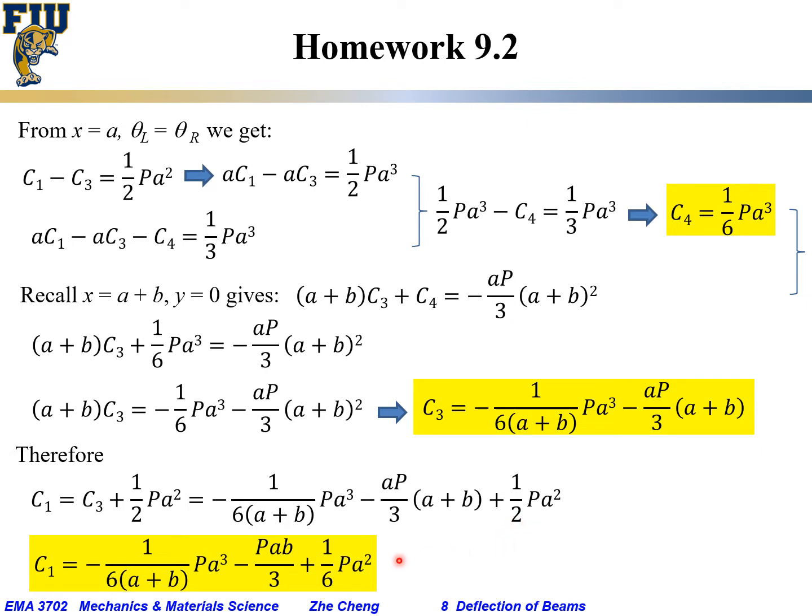And if we simplify a little bit, we would have C1 equals 1/3 of PAB, minus a square over 3P plus half P a square. That would be plus 1 over 6 P a square, and the first term we keep is 1 over 6 (a plus b) P a cube. Okay.